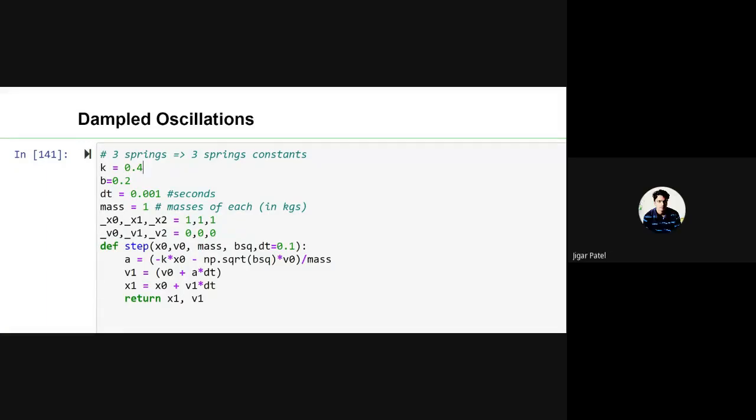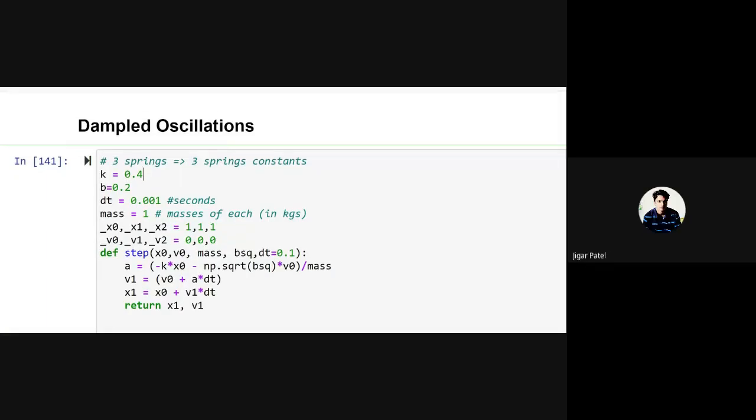Okay, so I've set the K value as 0.4 and B value as 0.2. So the equation of motion is nothing but ma = -kx - bv, and v stands for the velocity. Here I have taken the initial velocity as 0.